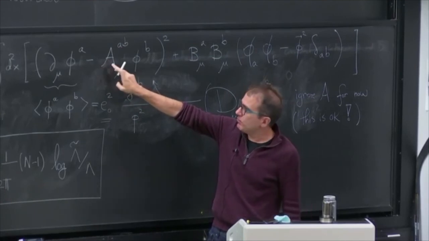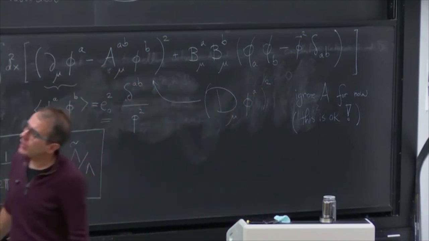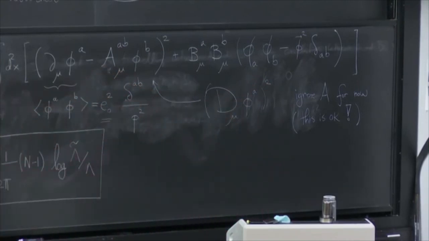First notice, what are the dimensions of A? We can look at how A appears. A has dimension 1 of length, or minus 1, because it's multiplying e_A, and the derivative of e_A equals A times e_B. So it has the same dimensions as taking a derivative. A has the dimension of one derivative.